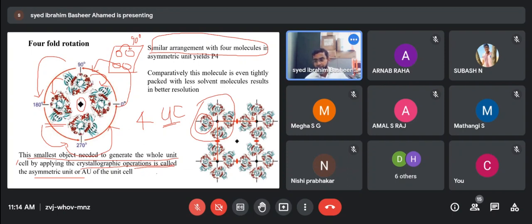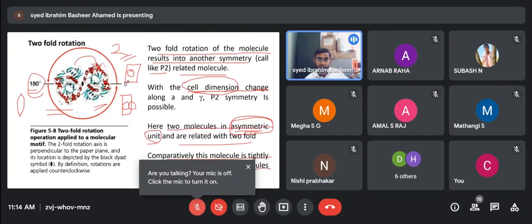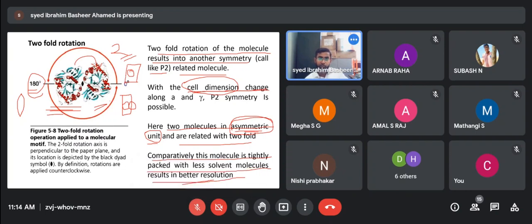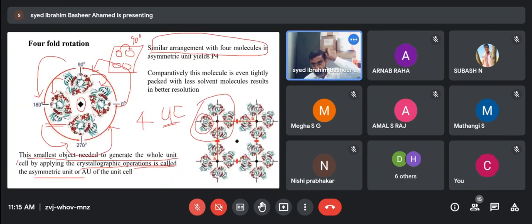All right, so is it clear, students? Here, this is the smallest object. I need a two-fold rotation to make the entire unit cell. So this is called an asymmetric unit. Is it clear or not?